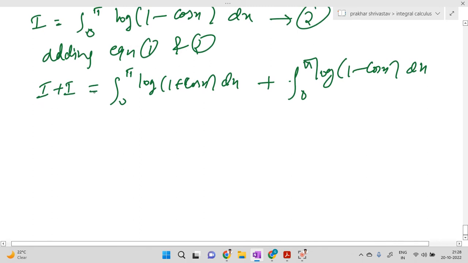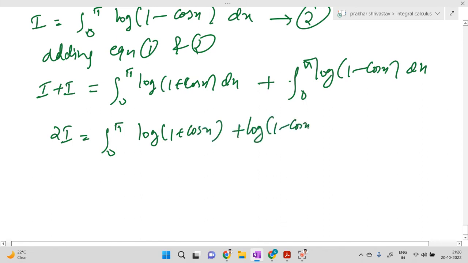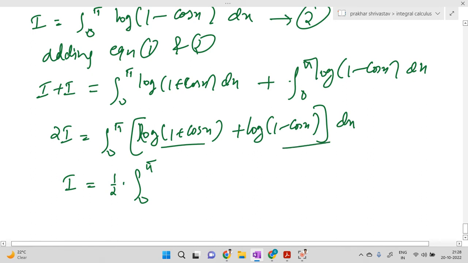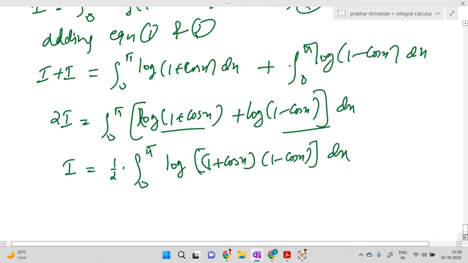So 2I equals integral 0 to pi of log(1 plus cos x) plus log(1 minus cos x) dx.